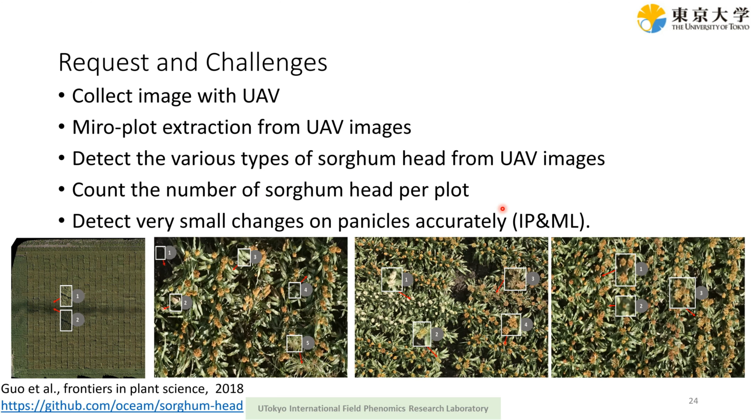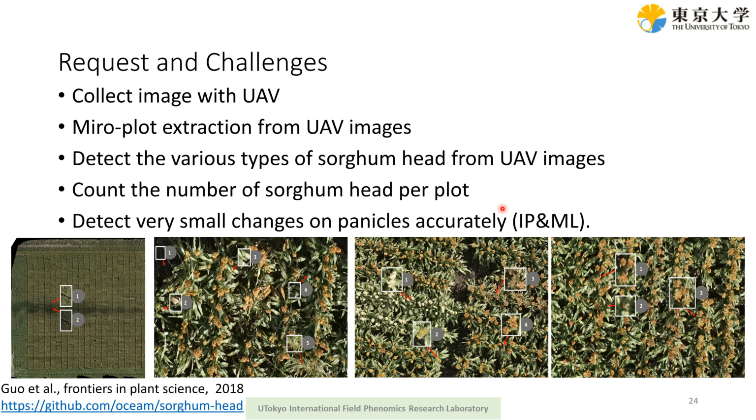I got a thanks message from a breeder who is really working in the field and doing the counting in the field. He cannot count all these 1,000 plus plots, so he just takes some samples to count the number of heads, and obviously that doesn't achieve his goal.